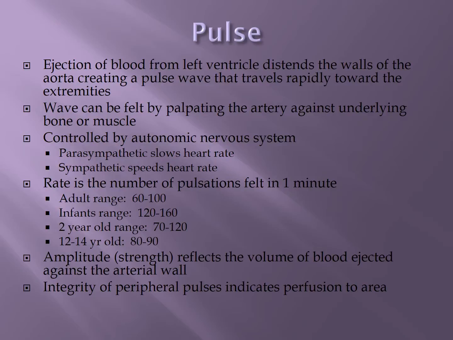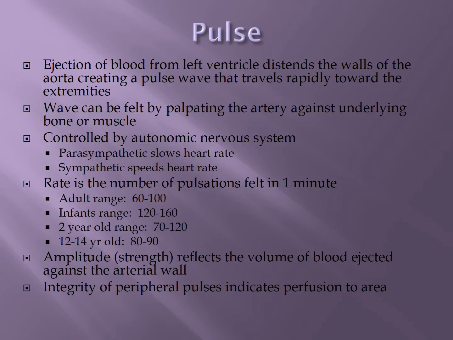You learned about the sympathetic or adrenergic nervous system, which is responsible for the fight or flight mechanism. So it is going to speed up heart rate because it's trying to get oxygen and nutrients to those cells so that they can either fight off the stressor or run from the stressor.